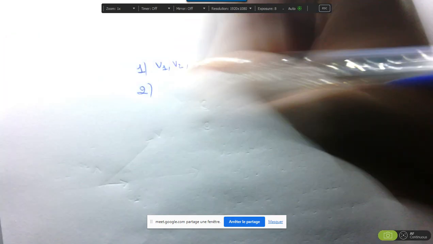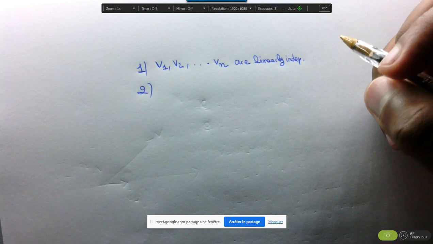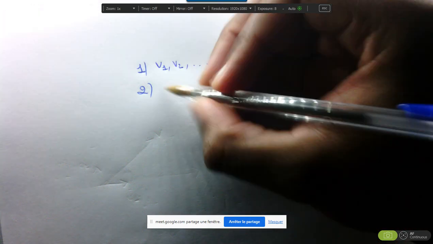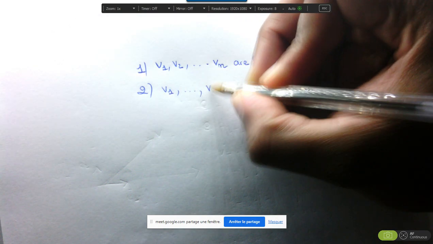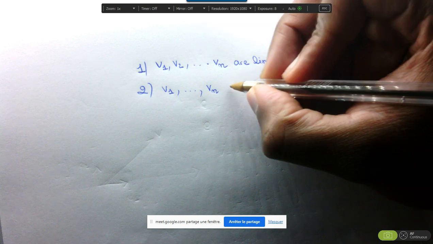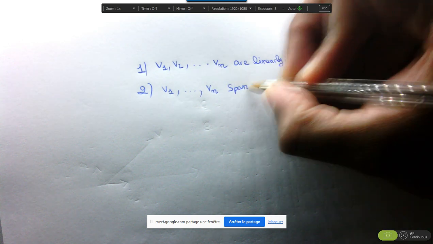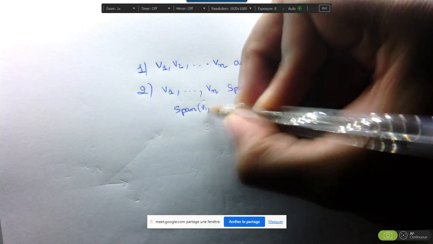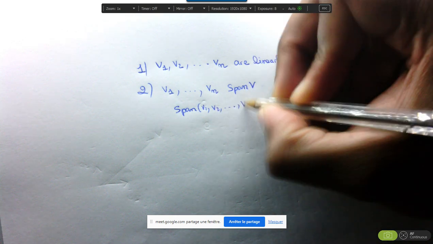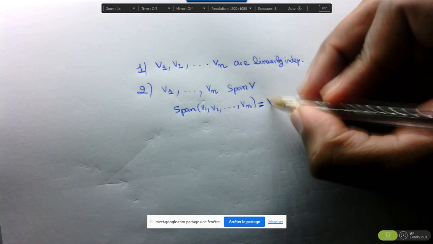That's the first condition. The second condition is that v1, v2 all the way to vn span the vector space v. In other words, the set of linear combinations of v1 all the way to vn will be able to form the entire vector space v.